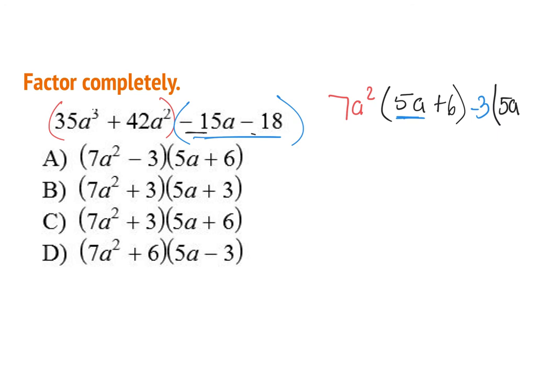Negative 18 divided by negative 3 gives me a positive 6. And this works because I end up with 5a plus 6 in both of my parentheses. So that is a common term. And then I'm going to factor out whatever is left over. I have 7a squared and I have 3. So the correct answer would be A.